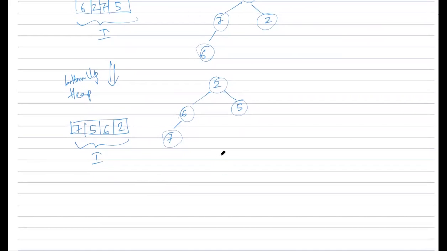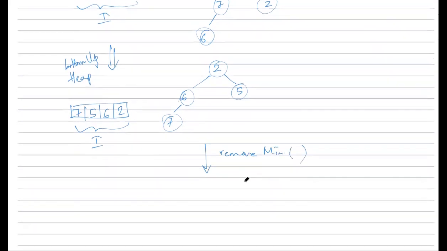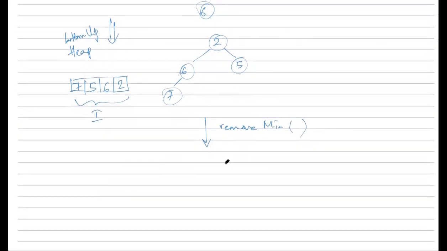So after that, we do remove min here. Now we are approaching the selection sort mechanism. So when you remove min, then 2 gets removed. So you insert 2 here, in the sorted area.